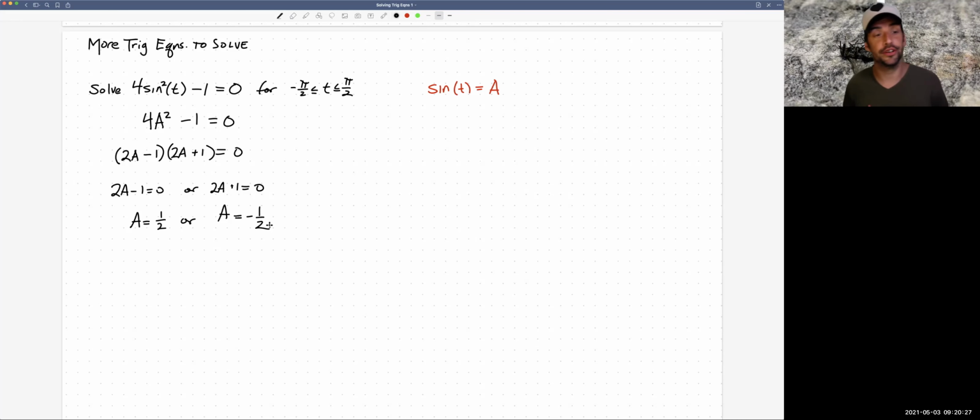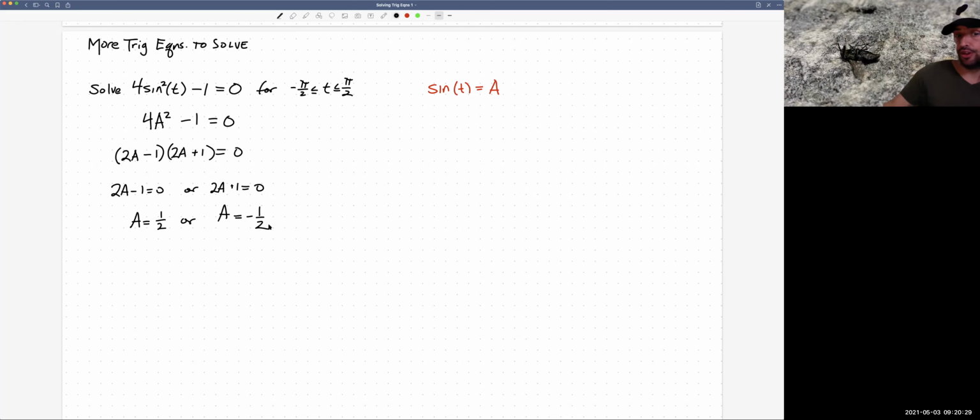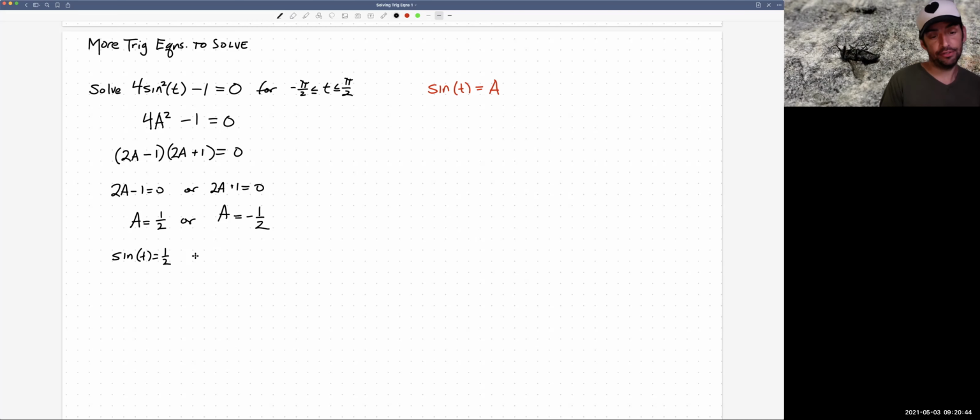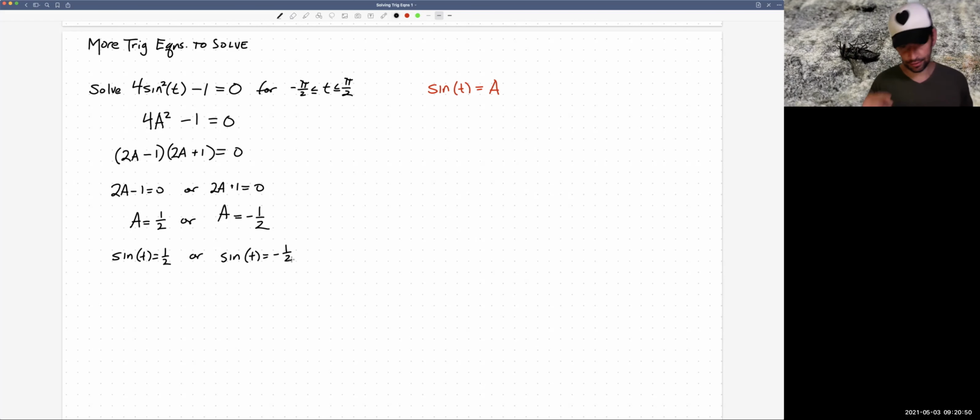This is a quadratic equation that we're solving, except we now have to go back to the notational substitution we made, and realize this means that our equation is true if sine of t is equal to 1/2 or sine of t is equal to negative 1/2.